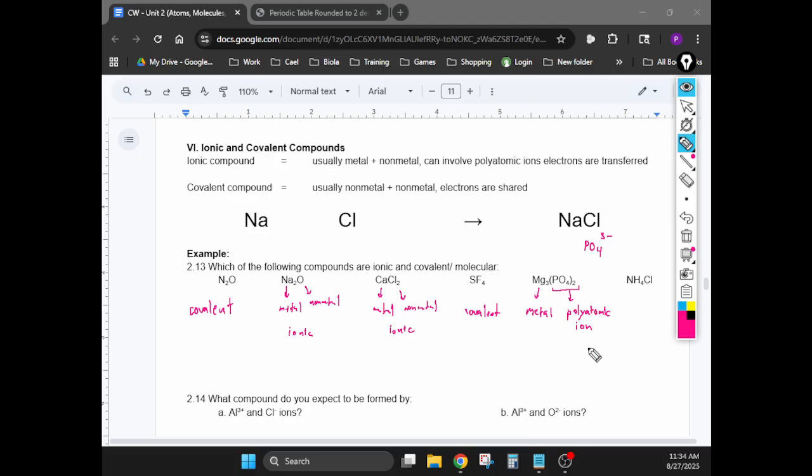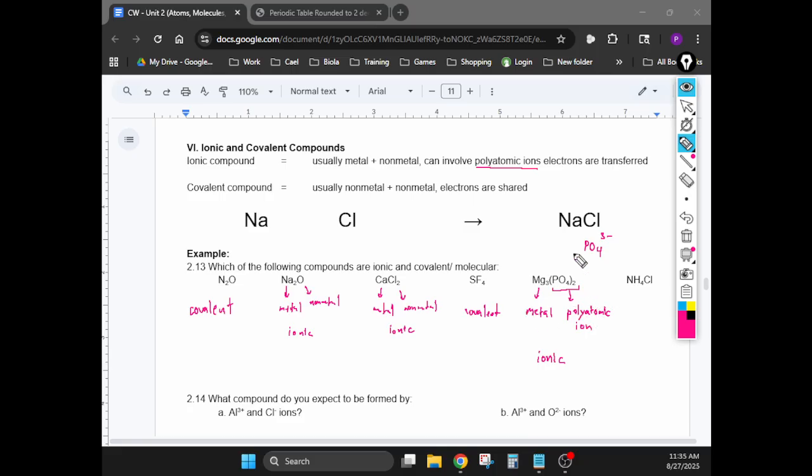That's what a polyatomic ion is. It's basically a molecule that likes to have a charge. Just like how elements can have a charge, molecules can also have a charge. So with this information now, if you take a look at our definitions, an ionic compound, we said it's usually a metal and non-metal, but they can also involve polyatomic ions, right? So this right here is going to be an ionic compound.